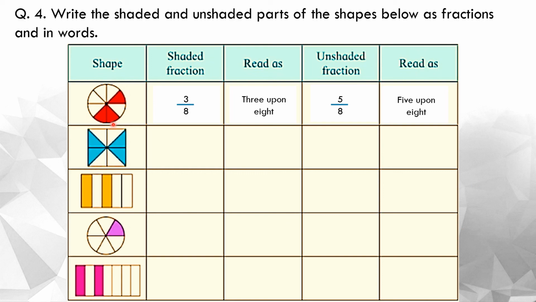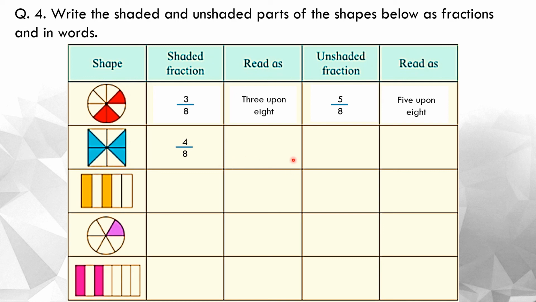Next, here is a shape which has 1, 2, 3, 4, 5, 6, 7, 8 equal parts, and from these 8 equal parts, 4 parts are shaded. So we will write the fraction 4 upon 8.